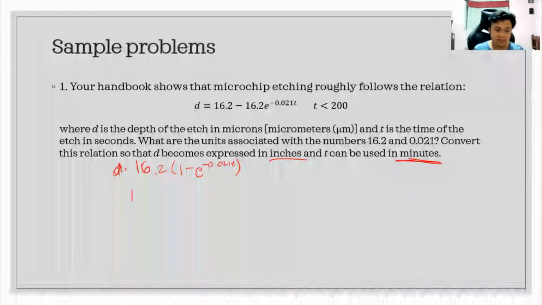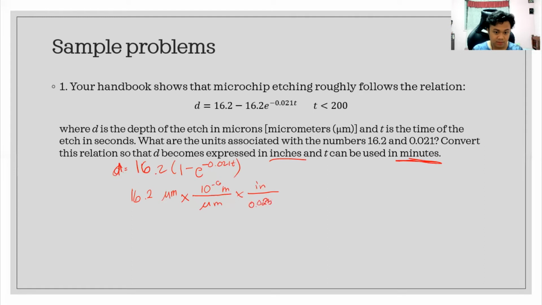So 16.2 is in micrometers, and you want it converted to inches. One micrometer is equal to 10 to the negative 6 meters, and 1 inch is equal to 0.0254 meters.